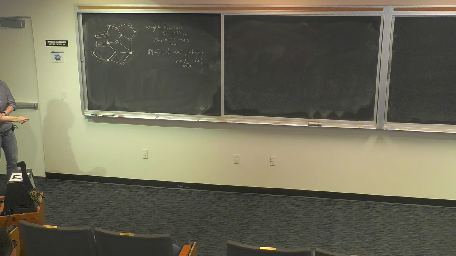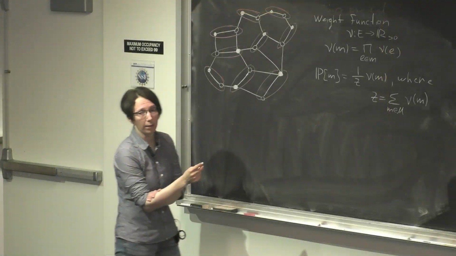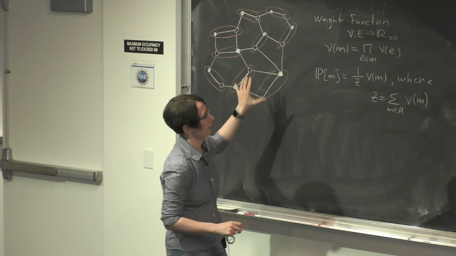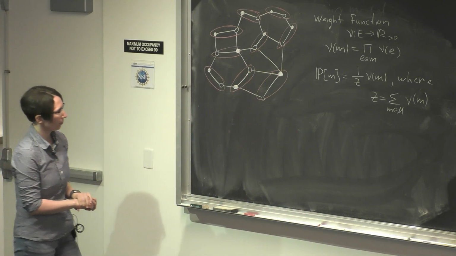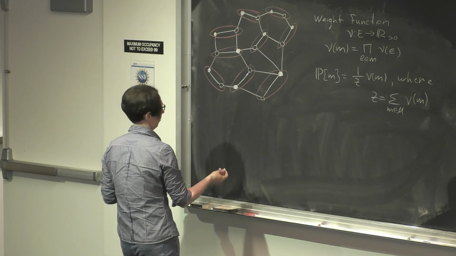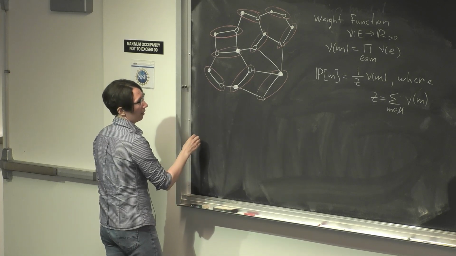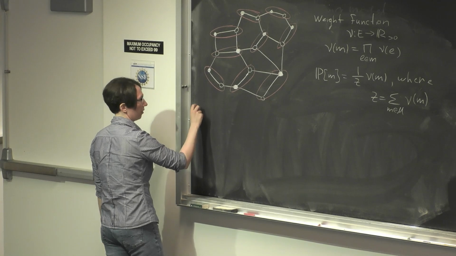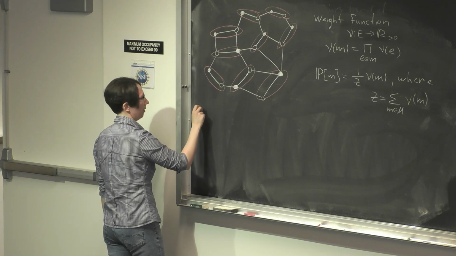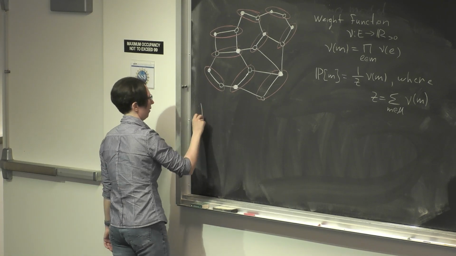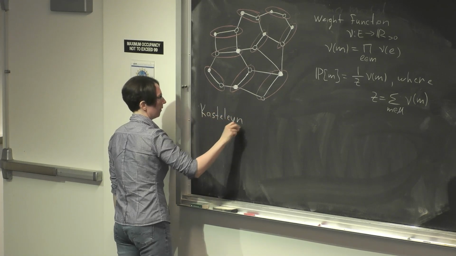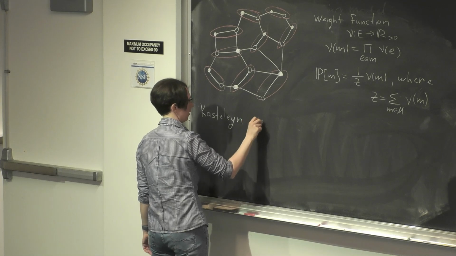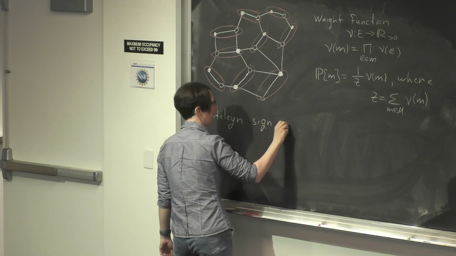Okay, so we saw a weighted version at least for the square lattice and the Aztec diamond, but this is how to define it in general. And we can define the Kasteleyn weights. So let us define first of all, what is the Kasteleyn sign condition?